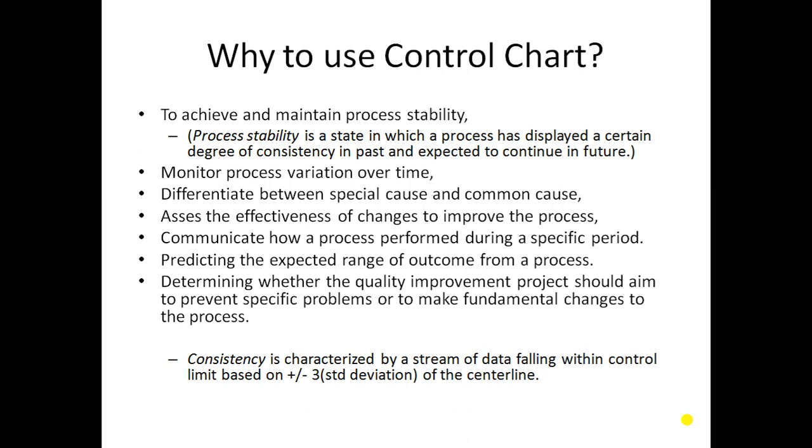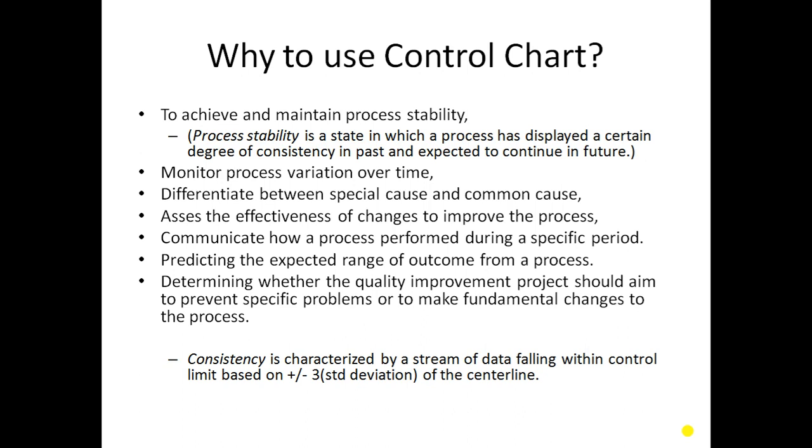This is made on a periodic basis, maybe daily, weekly, fortnightly or monthly. This report is generated. Next is predicting the expected range of outcome from a process, and determining whether the quality improvement project should aim to prevent specific problems or to make fundamental changes in the process.